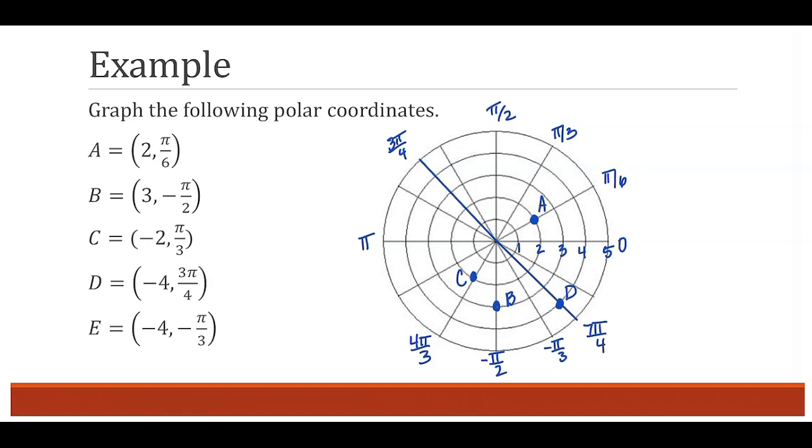This is D. So here I have negative pi over 3, but because I have a negative directed distance, instead of going towards negative pi over 3 from the pole, I'm going to go directly away from negative pi over 3. So that's going to lead me towards 2 pi over 3, and I'm going to go 4 units. So 1, 2, 3, 4 rings out, and label that E.